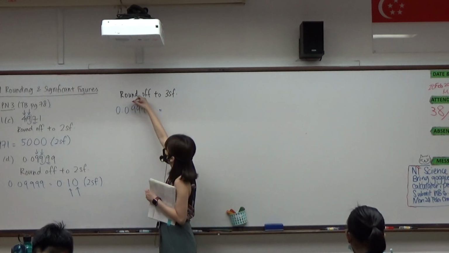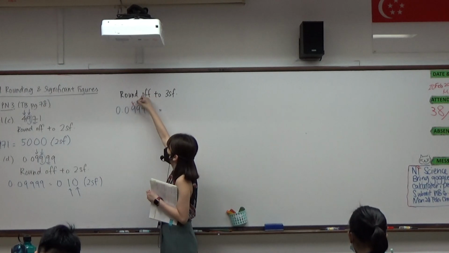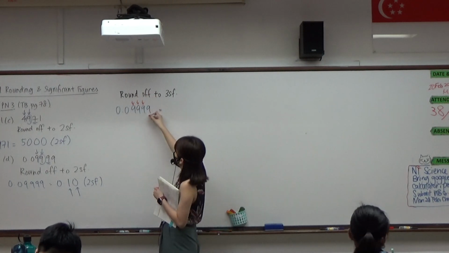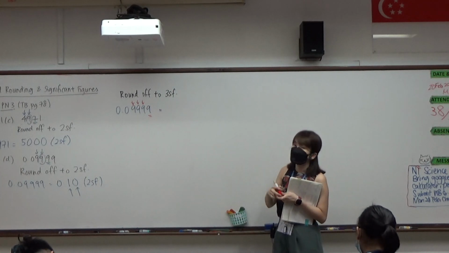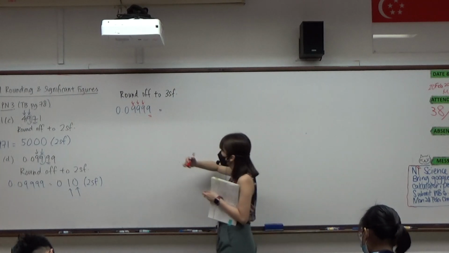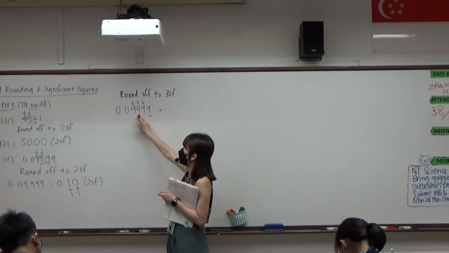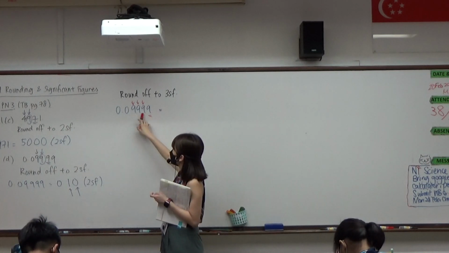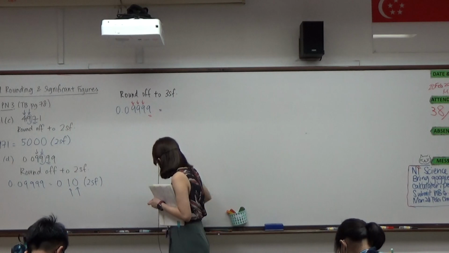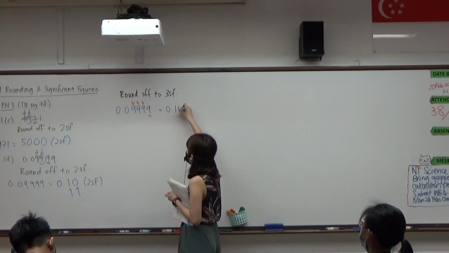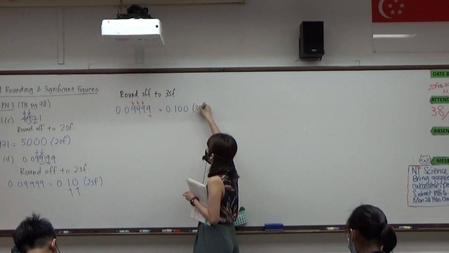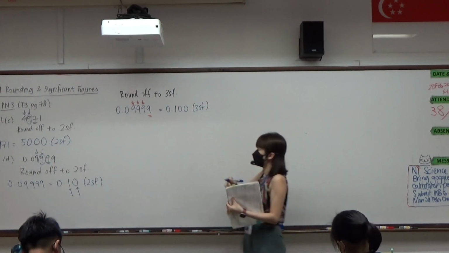We start counting from here: 1, 2, 3. Looking at the next one, it is a 9 as well, so we will have to round up. All my 9s will have to add in another 1. Therefore, when rounded off to 3 significant figures, I will get 0.100. This is 3SF.